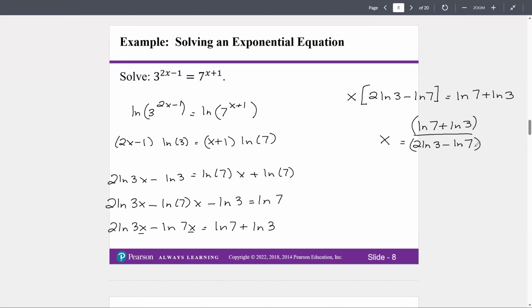So natural log of 7 plus natural log of 3, keep that all in parentheses, divided by 2 natural log of 3 minus natural log of 7. And we're going to get x is equal to 12.11, approximately.